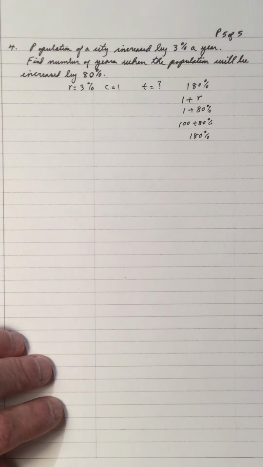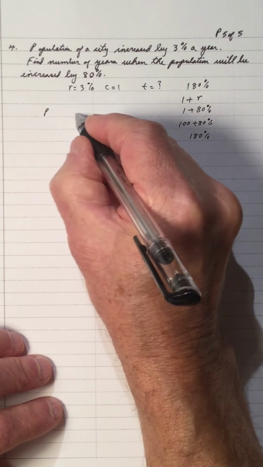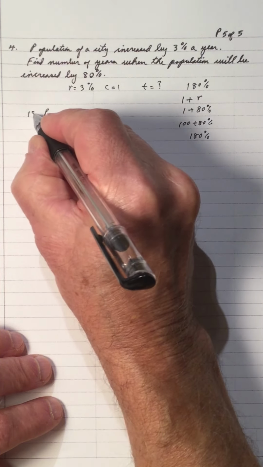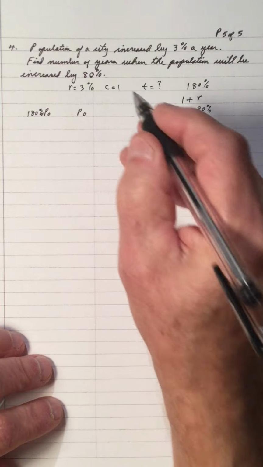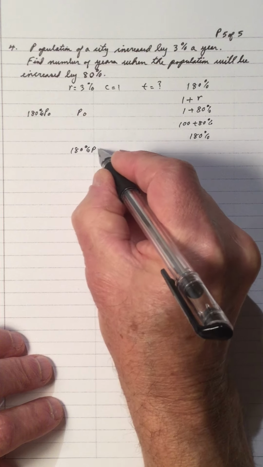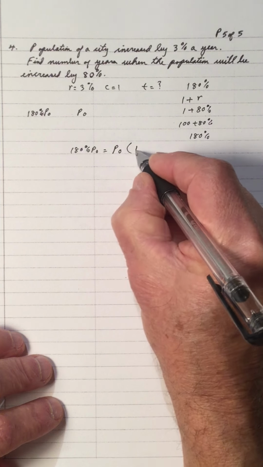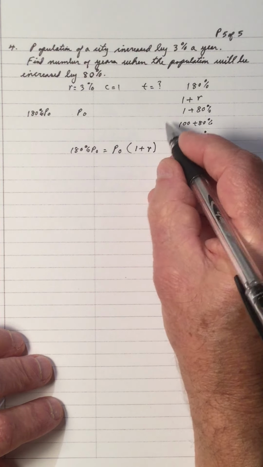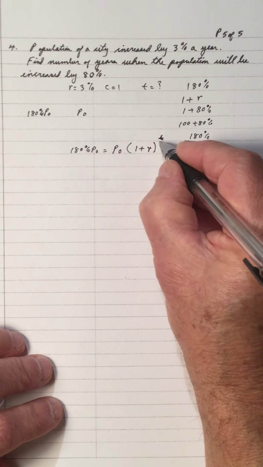So it's 180%. What we have is a P and a P0. So you take the P0 and you take 180% of it. The initial amount of population is P0, so we have 180% of P0. The rate of increase is 1 plus the rate, and we want to find the time, and C is 1, so it's T over 1.